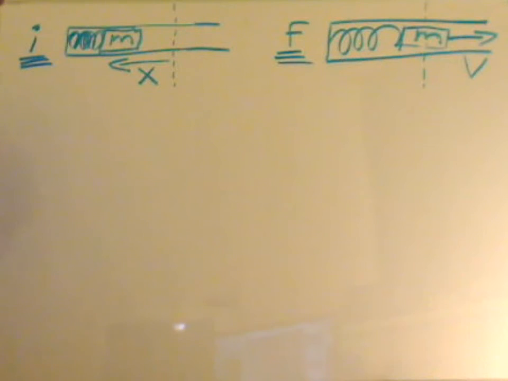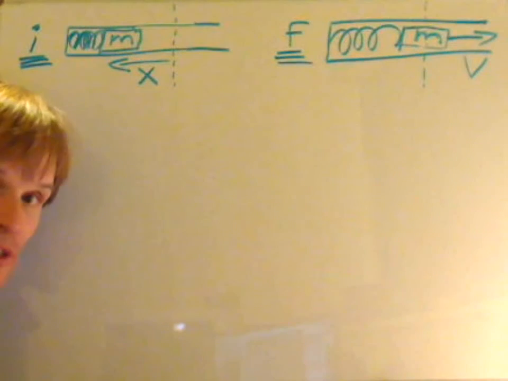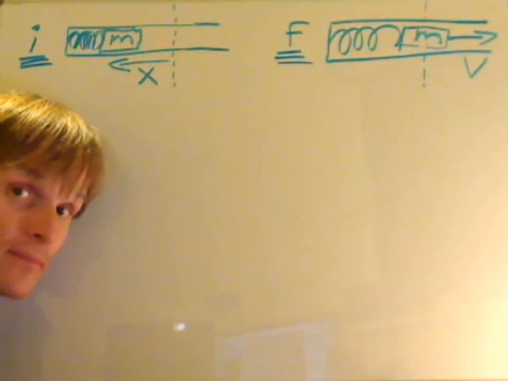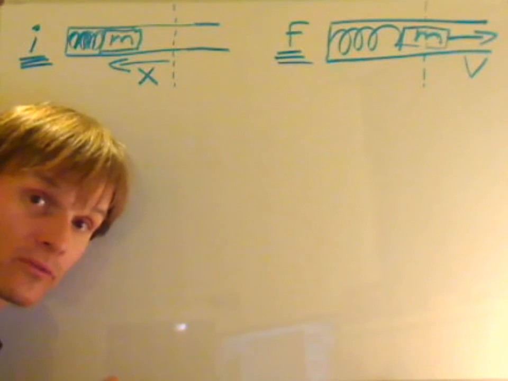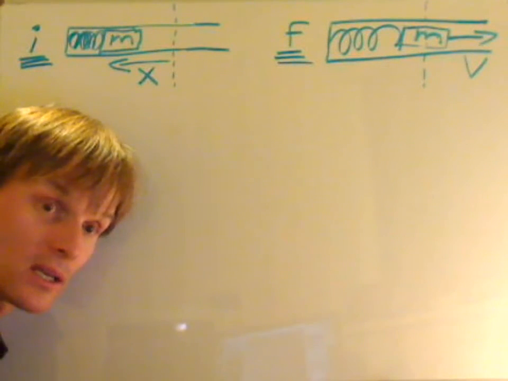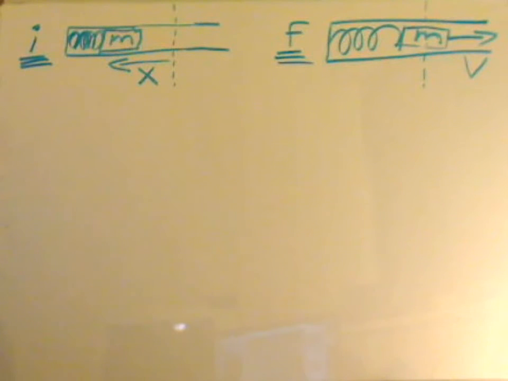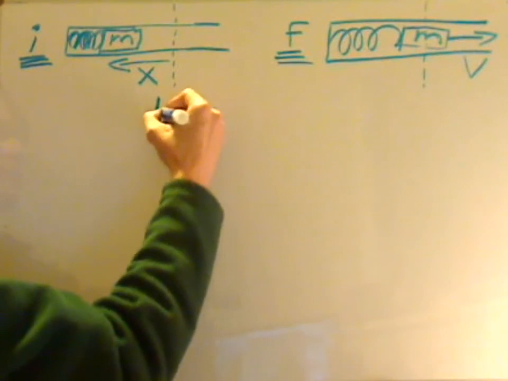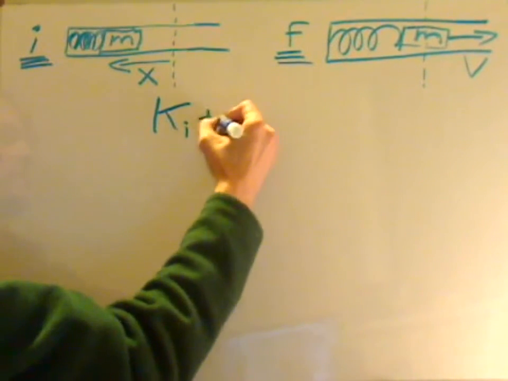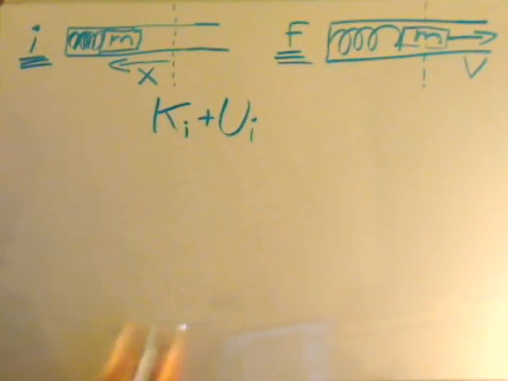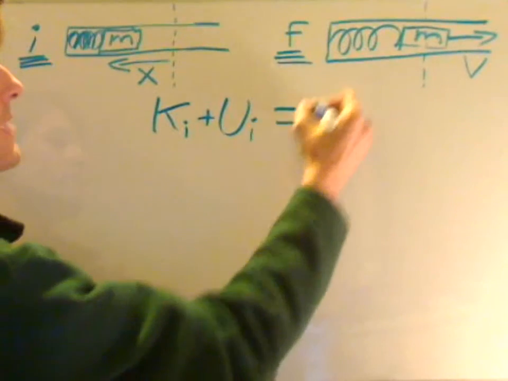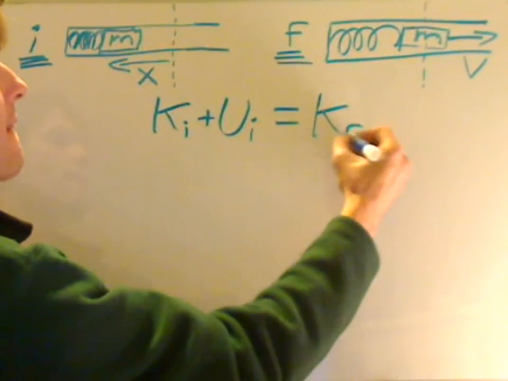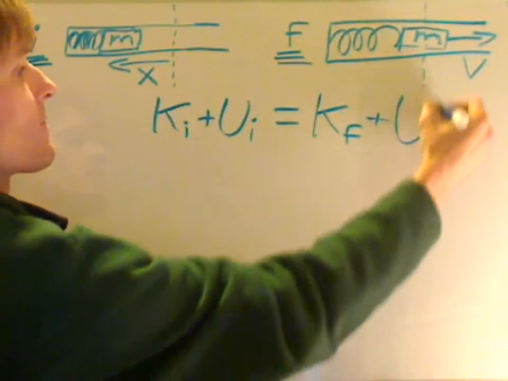Okay, so we can apply conservation of energy to this problem to solve for the spring constant, because that's what we're really asked to do. Since there's no friction involved in this problem, conservation of energy tells us that initial kinetic plus initial potential energy is equal to the final kinetic plus final potential energy.